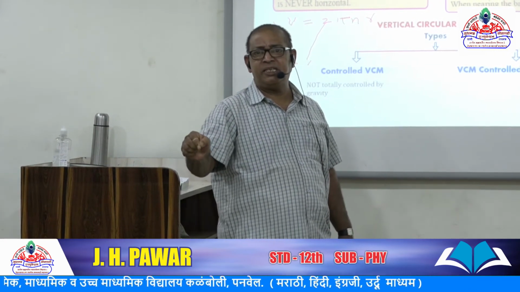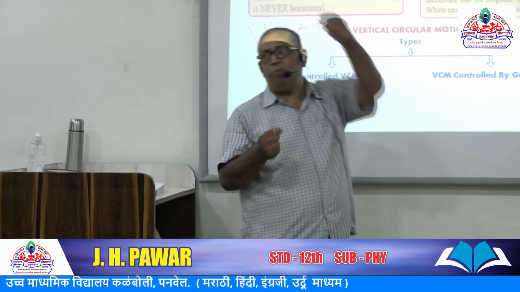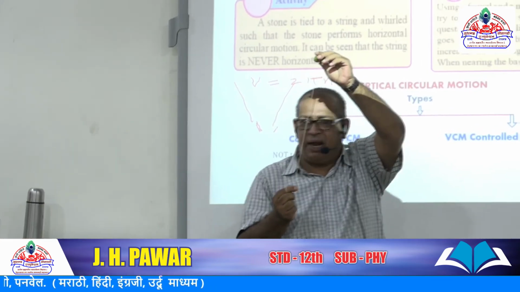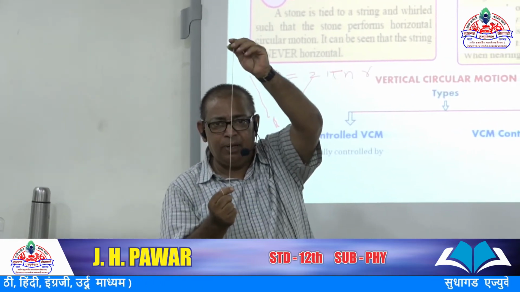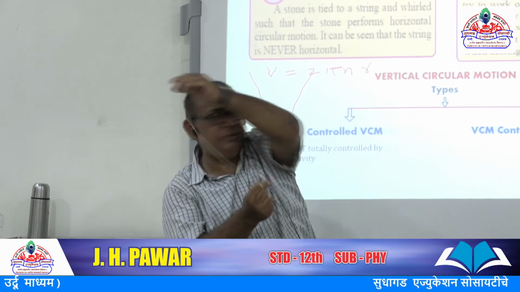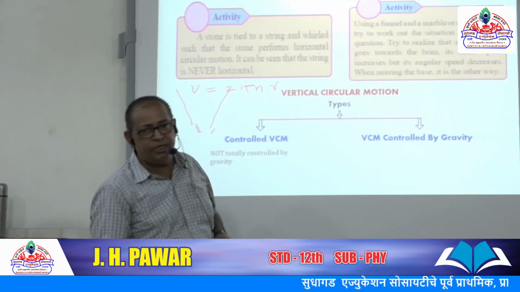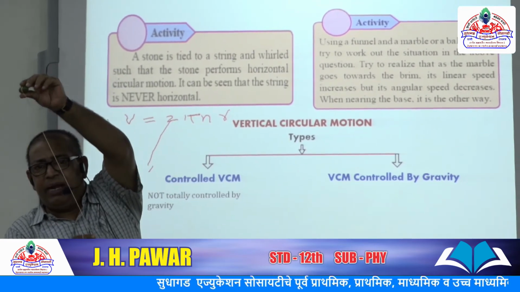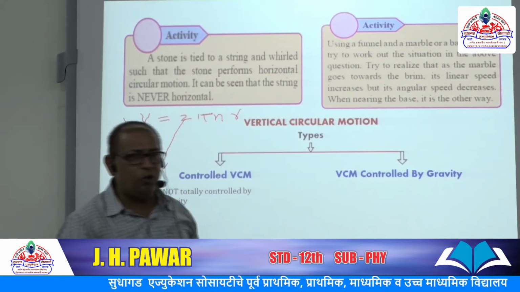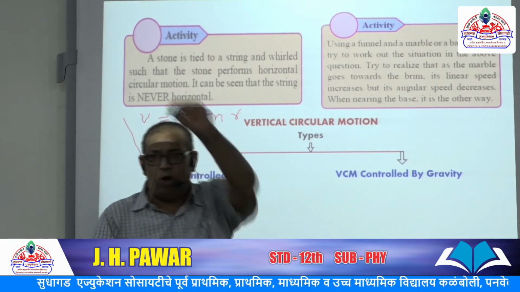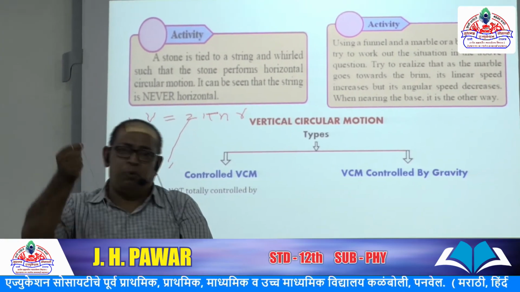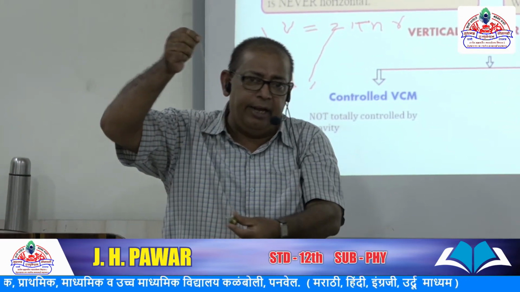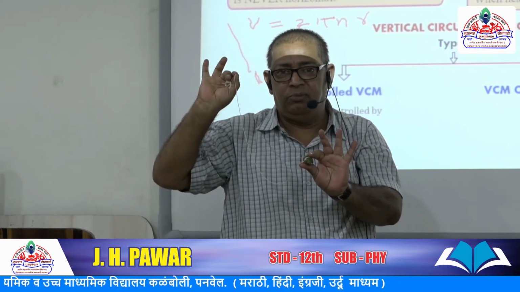What happens in this case? When this bob is at the upper extremity, it has gravitational potential energy, no doubt. But as it comes downward, this potential energy gets converted into kinetic energy due to conservation of energy. At the bottom, its potential energy is almost zero or minimum, and kinetic energy is maximum.